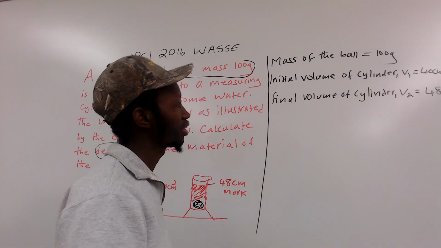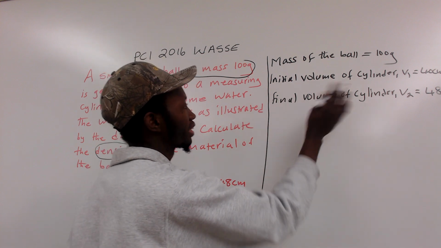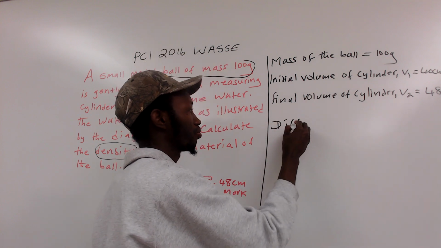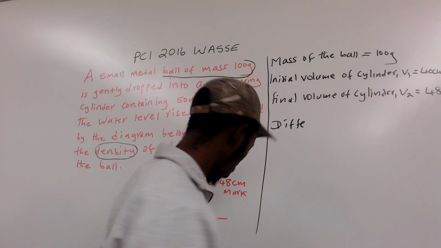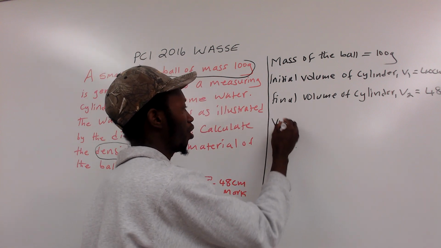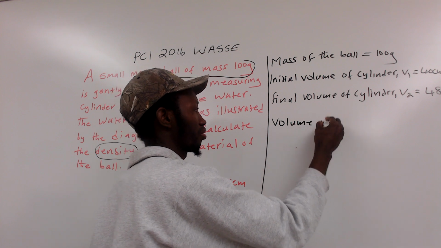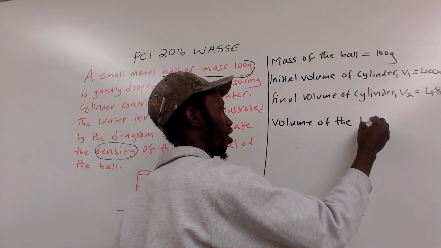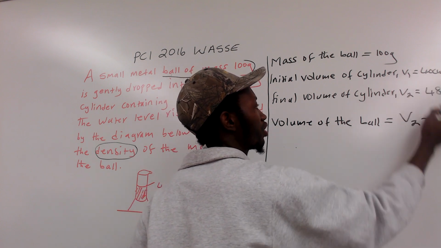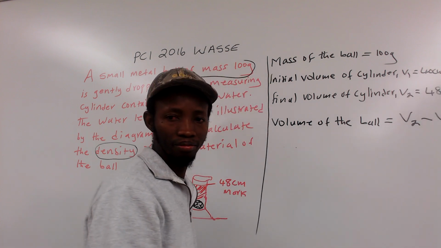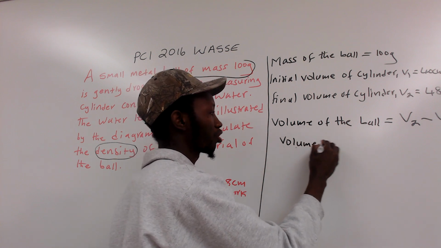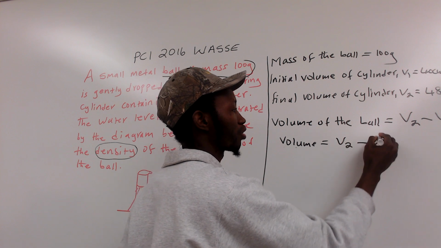You see? So in this case, we need to find the difference in volume, or we can say the volume of the ball. So the volume of the ball here is going to be the final volume, V2, minus the initial volume, V1.